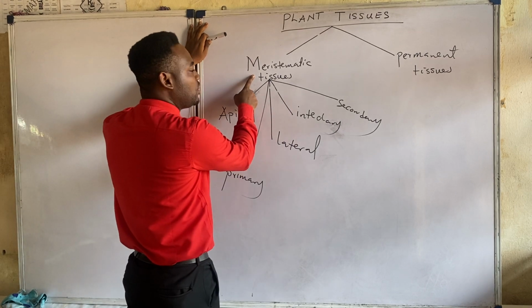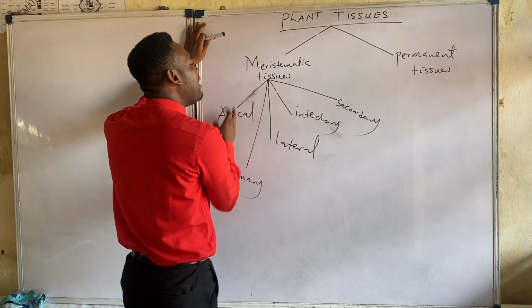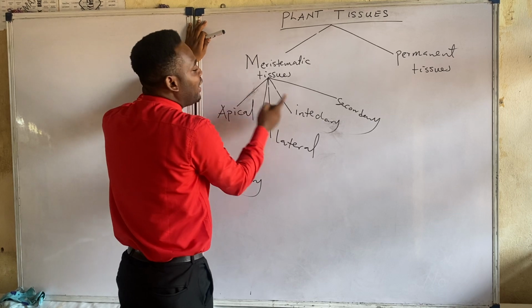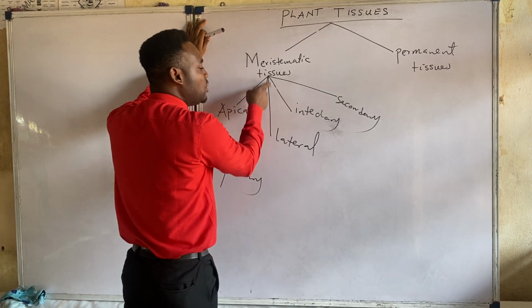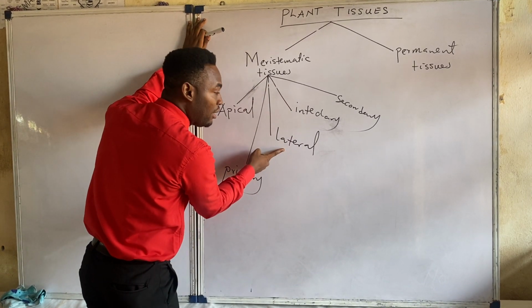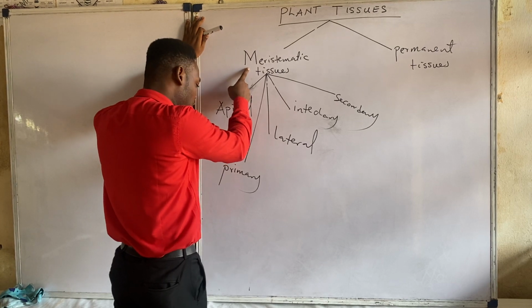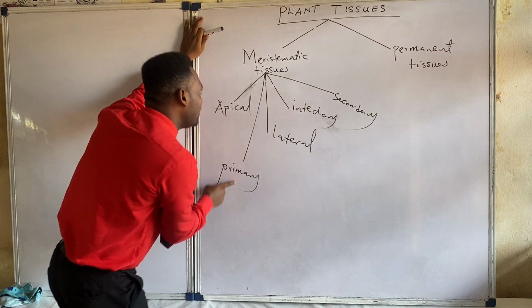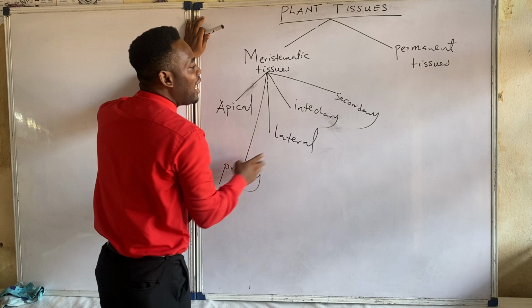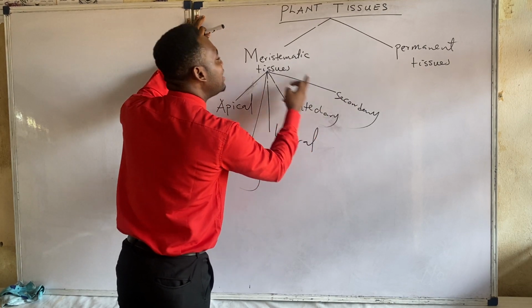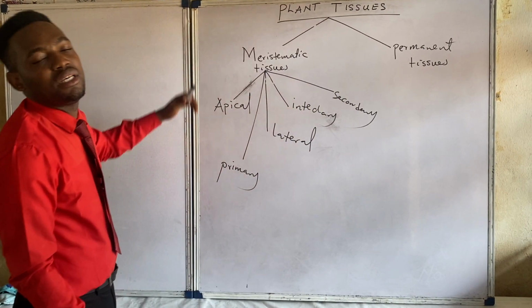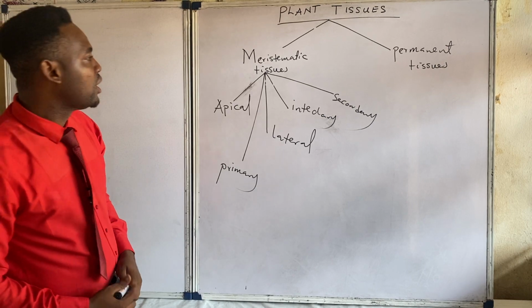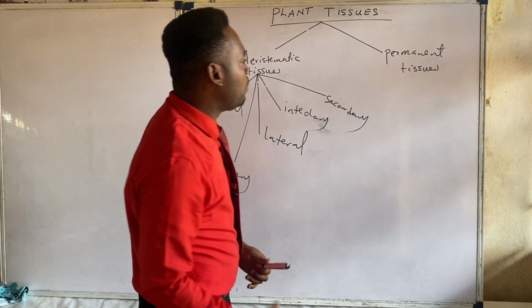For meristematic tissues, what do we have? We have the apical meristematic tissue, intercalary meristematic tissues, lateral meristematic tissues, primary meristematic tissues, and what? Secondary meristematic tissues.